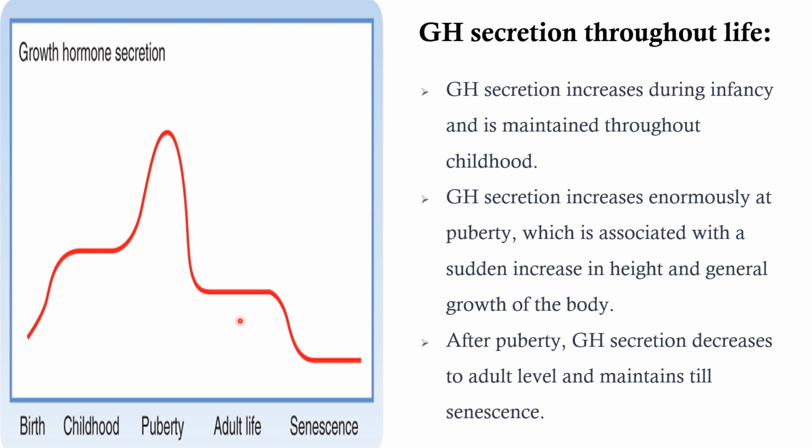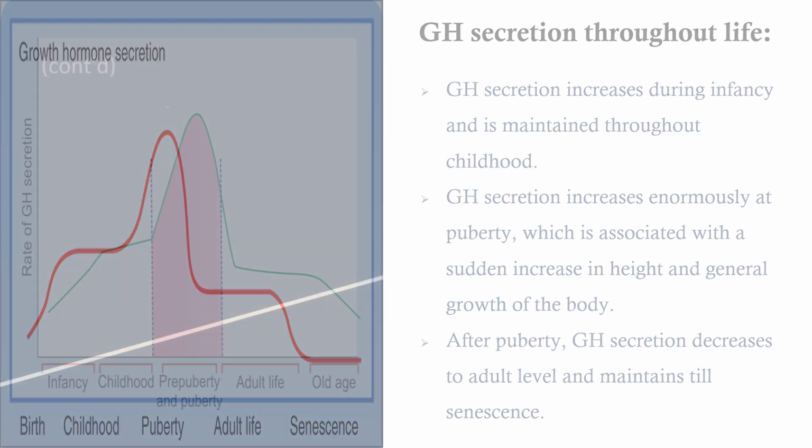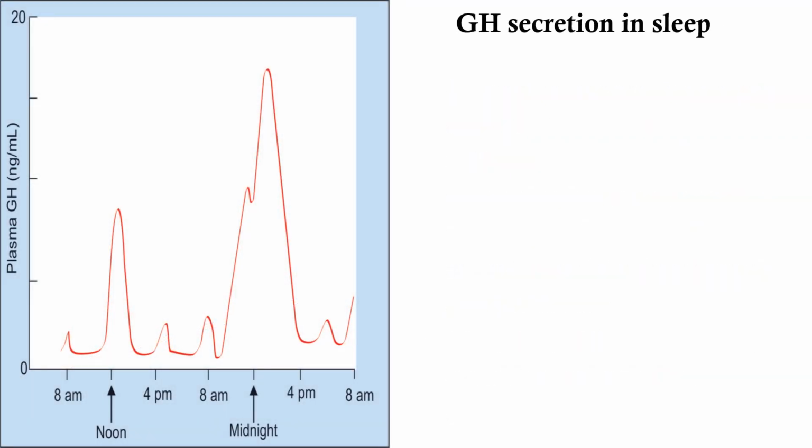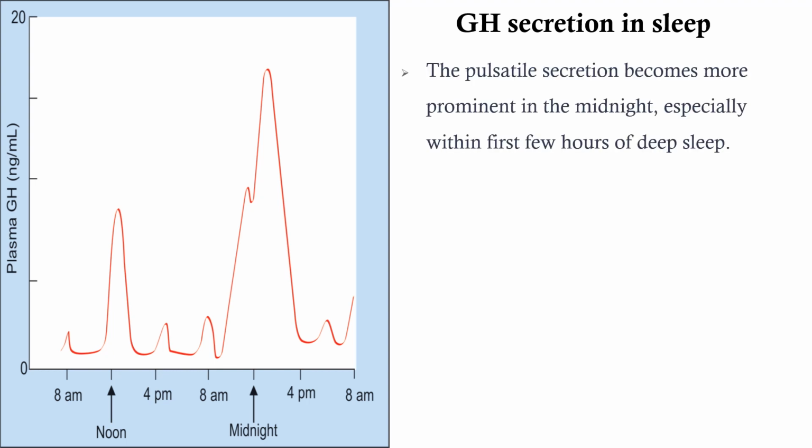So the final height of the individual is mainly determined by their inherent growth hormone secreting capacity. Growth hormone secretion in sleep: it is not clearly known why growth hormone secretion occurs in episodes or bursts throughout the day when the growth occurs slowly over months and years.